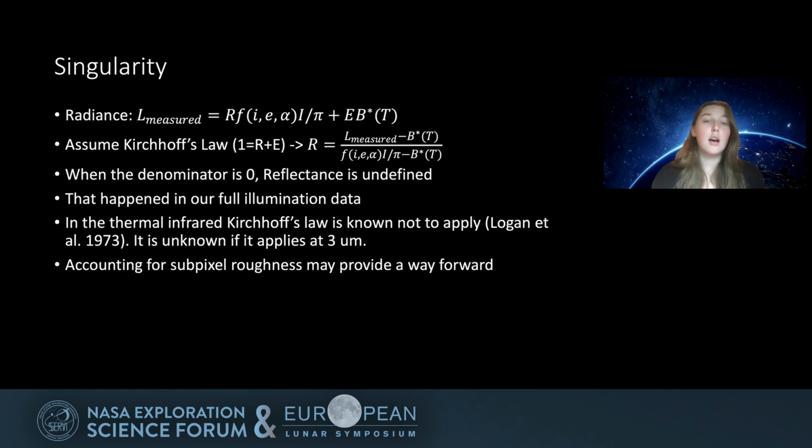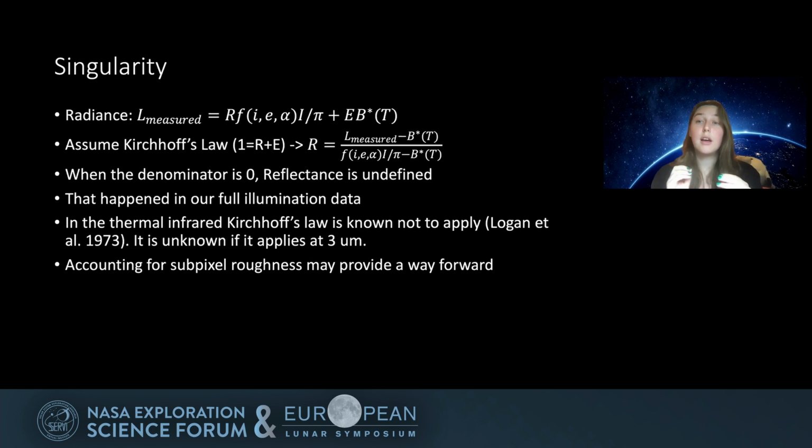And so if you assume Kirchhoff's law, which says that the reflectance plus the emissivity equals 1, then you can solve for reflectance, as you can see in that second bullet point, which is great, except when the denominator is 0. If the solar radiance and the thermal radiance are equal, then you can't solve for reflectance.